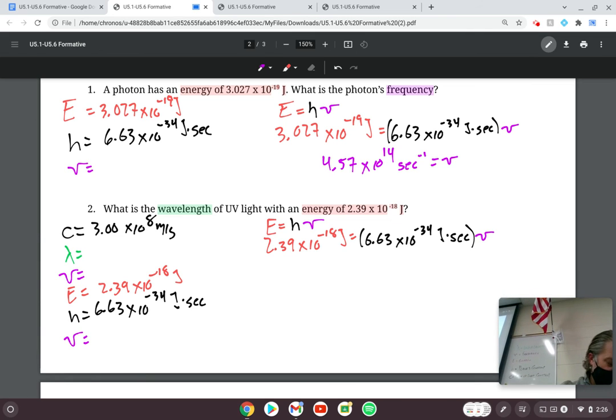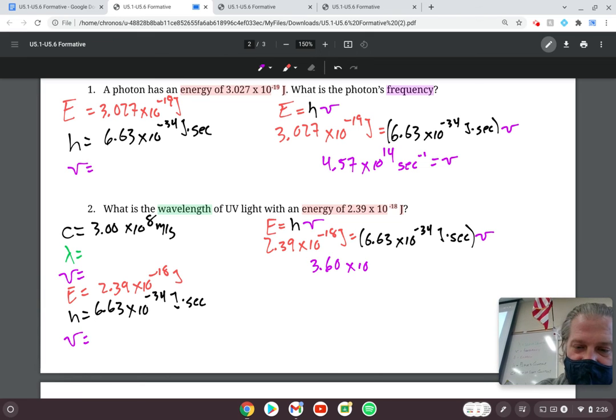So 2.39 times 10 to the negative 18 divided by 6.63 times 10 to the negative 34. I get a value for my frequency of something like 3.60 times 10 to the 15th per second.